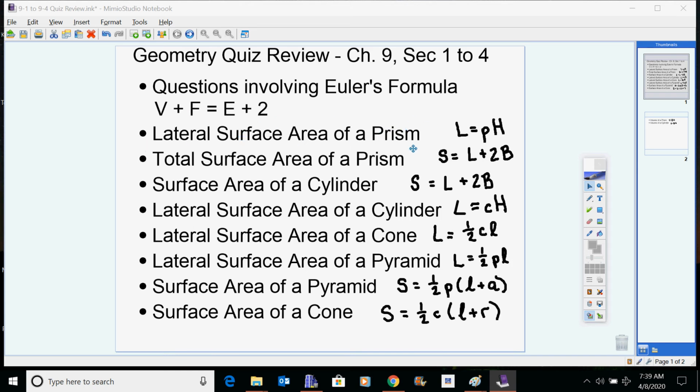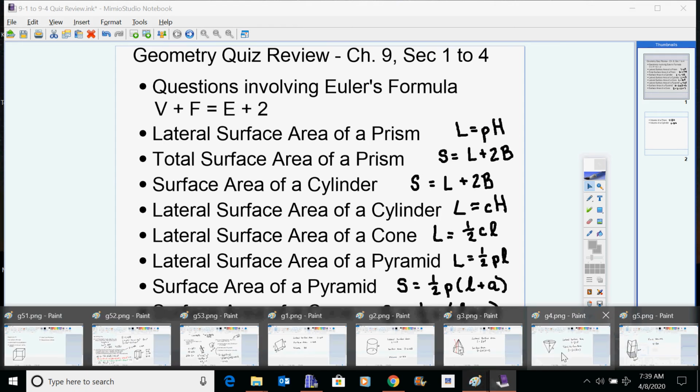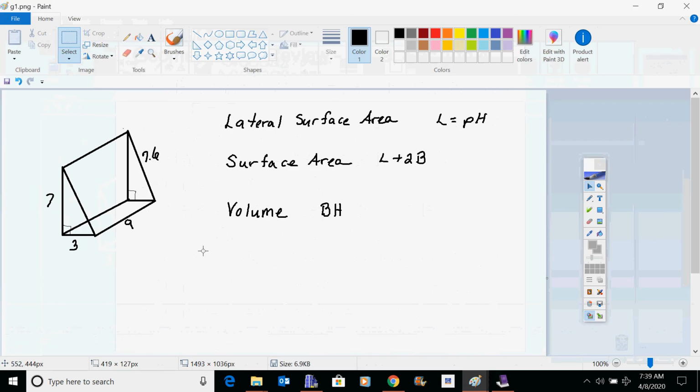Lateral surface area of a prism. Lateral surface area of a prism is perimeter times height. Just to remind you what a prism looks like, here's a nice prism. So lateral surface area, perimeter times height.